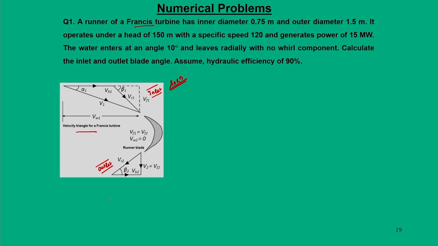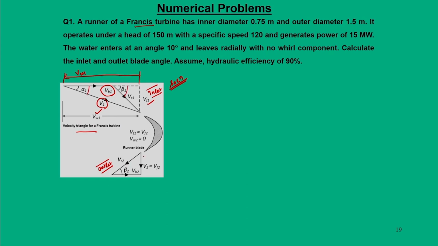Two important things for this Francis turbine: we have this Vw1 component and Vf1 component that constitute the velocity vector V1. Correspondingly, this Vw1 is associated with Vb1, which is there in the inlet triangle. Then we have blade angles and guide vane angles.